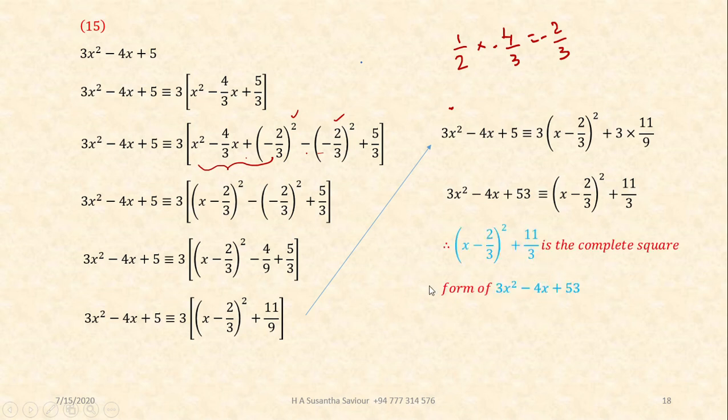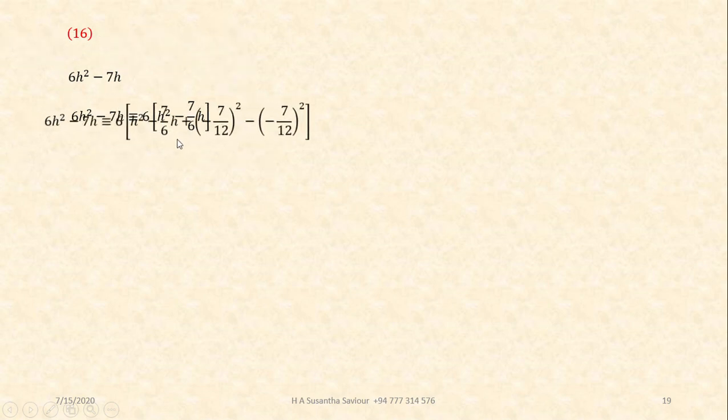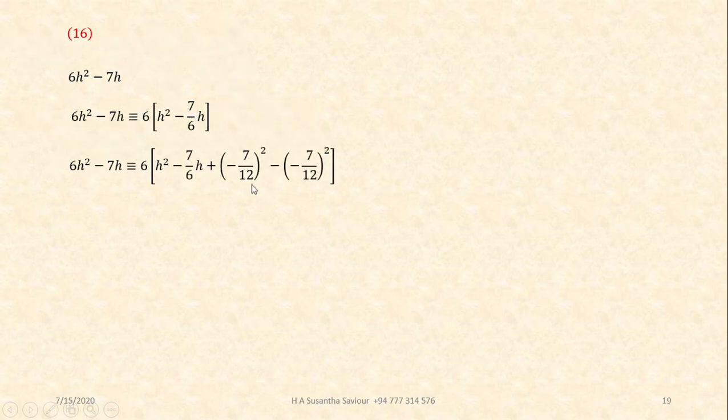Okay, now we'll move on to another example. Example number 16. Right, this says no C part. It's okay. First of all you take 6 out. This is 7x now, 6, right? You divide each and every term inside this by 6, then the 6 is lying outside. Half of this is 7 over 12.